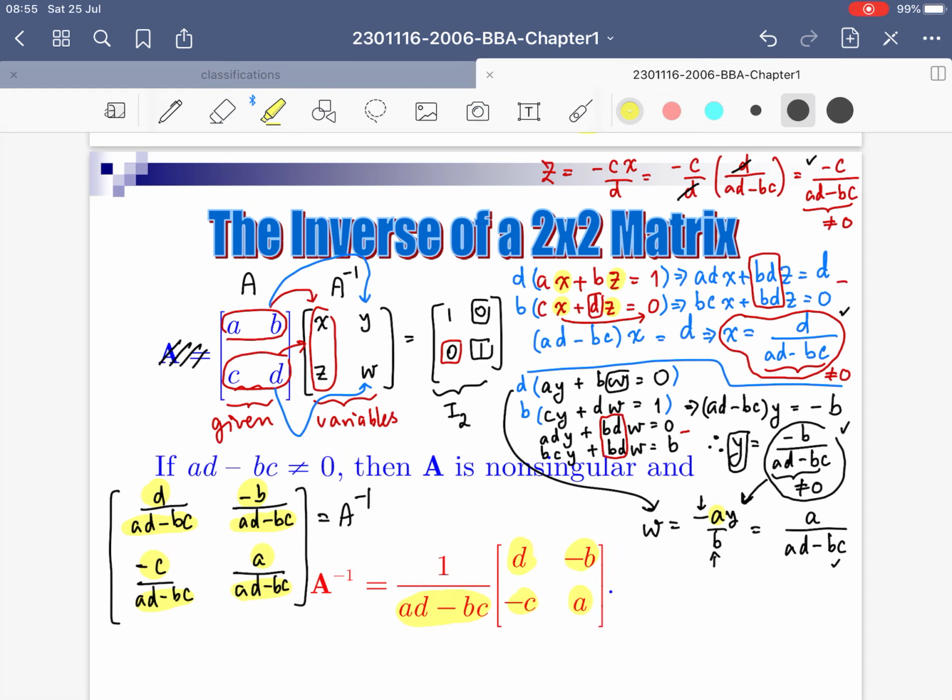So what is it that you do from your A? It looks like you interchange the positions of the elements on the main diagonal.